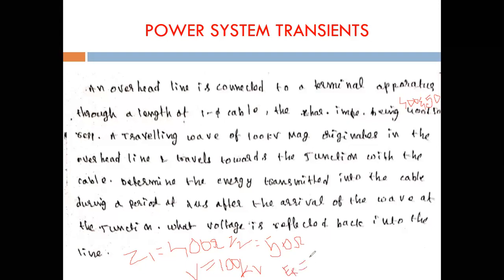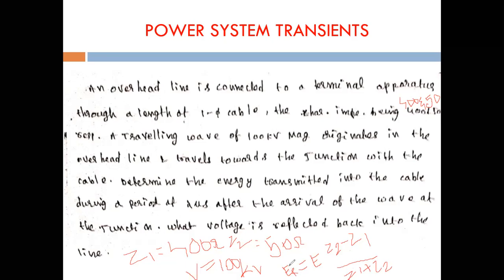What is the formula for the reflected voltage? ER is equal to E into (Z2 minus Z1) by (Z1 plus Z2).